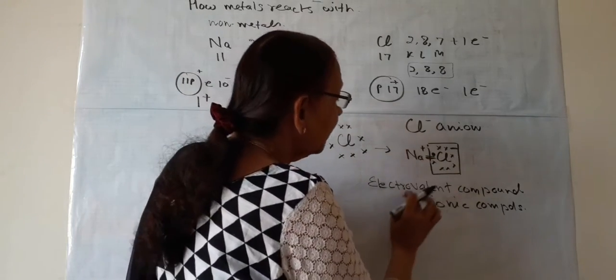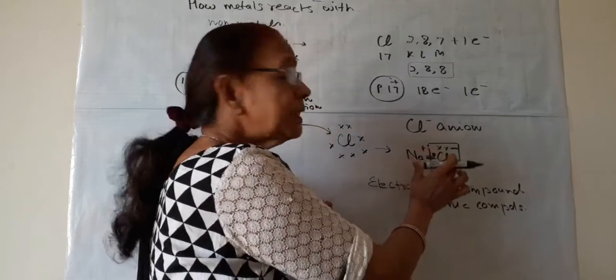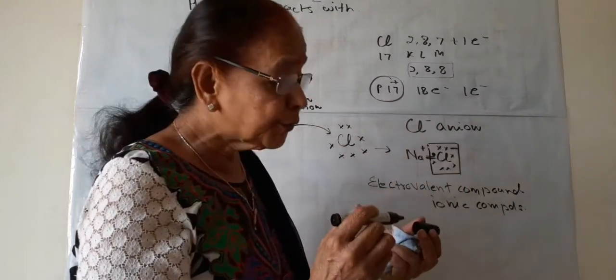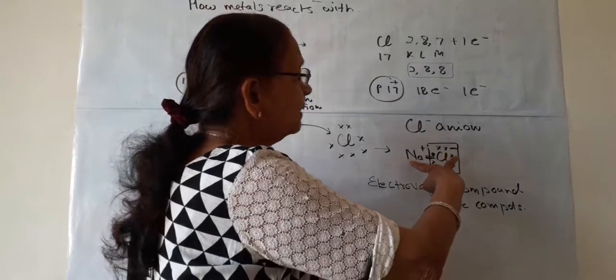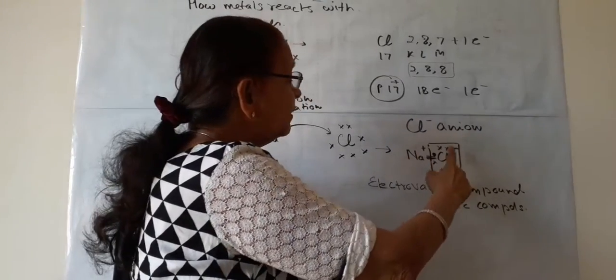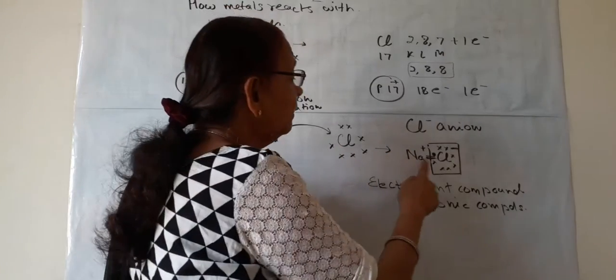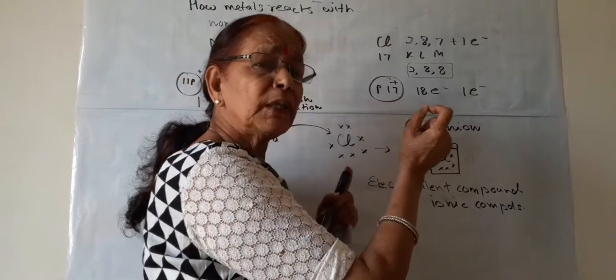So this electrovalent bond or ionic bond between metal and non-metal is a very strong bond. Why is this so strong? Because these two have different charges and they come very close to each other, and the force of attraction is so much that they are quite near each other.